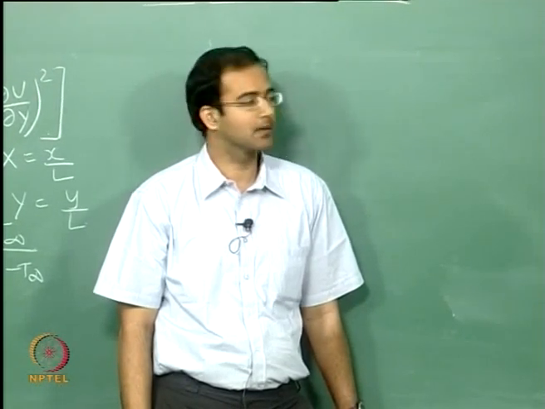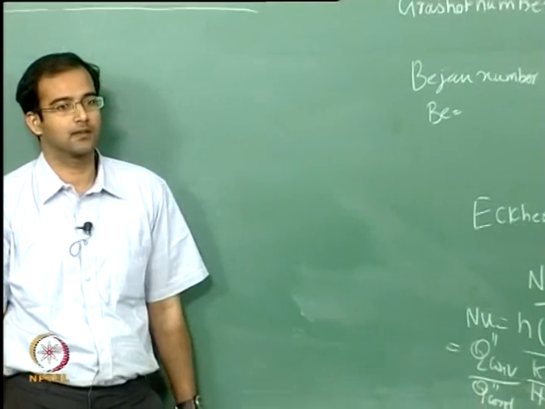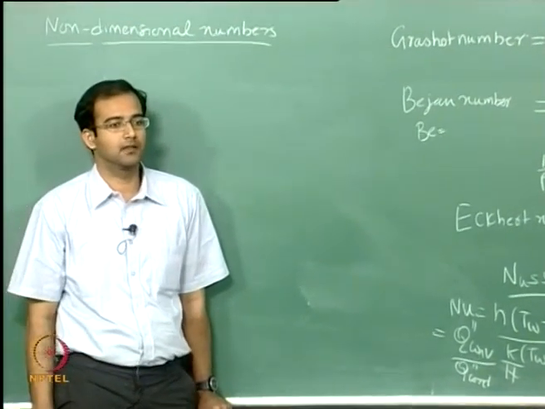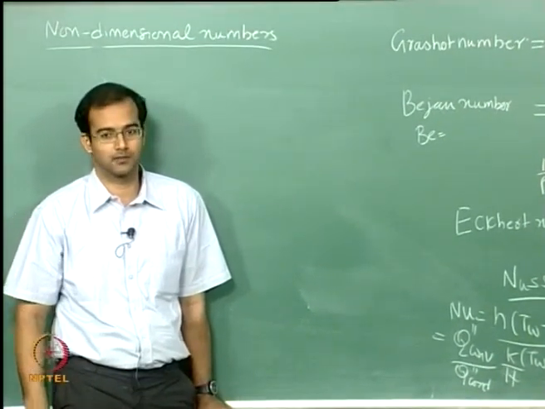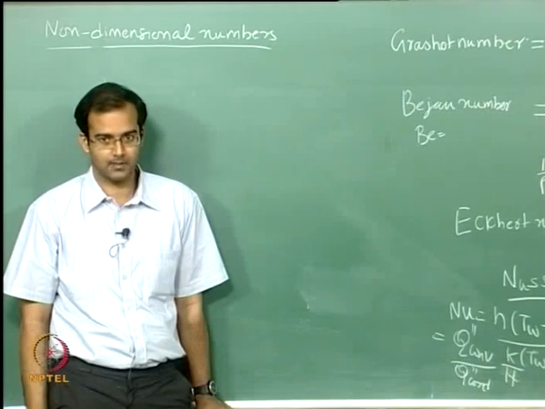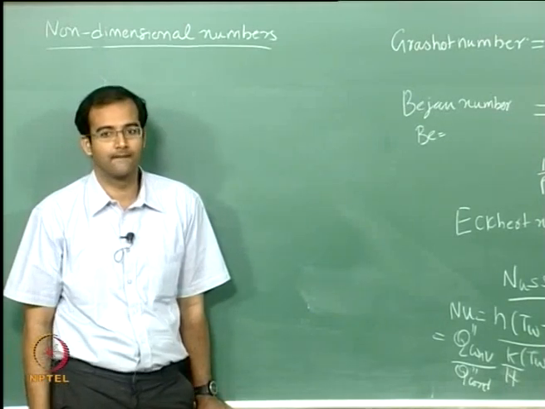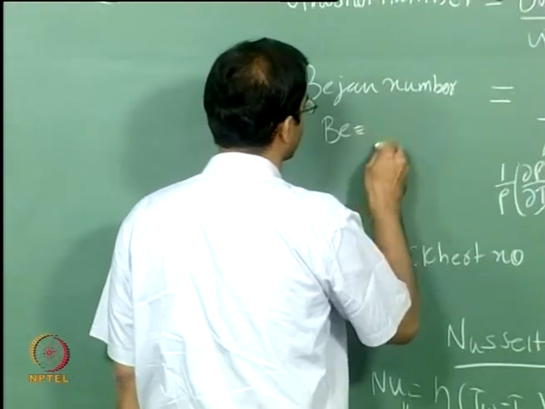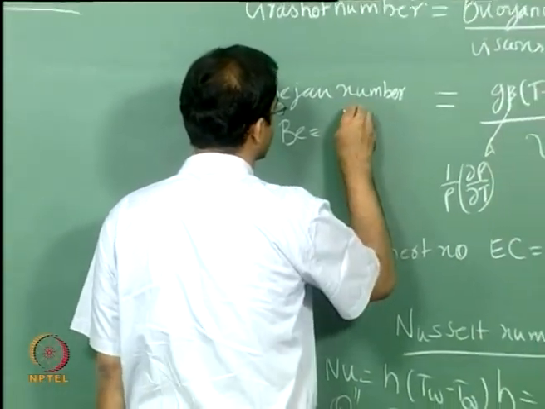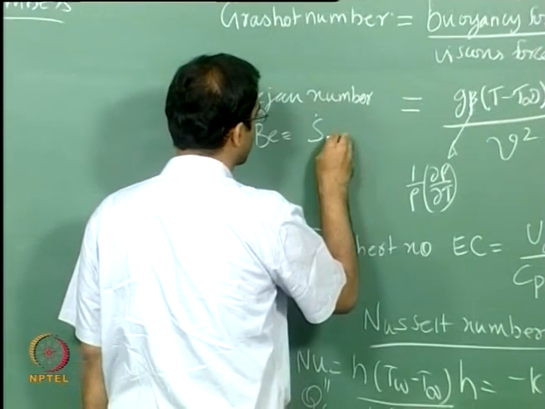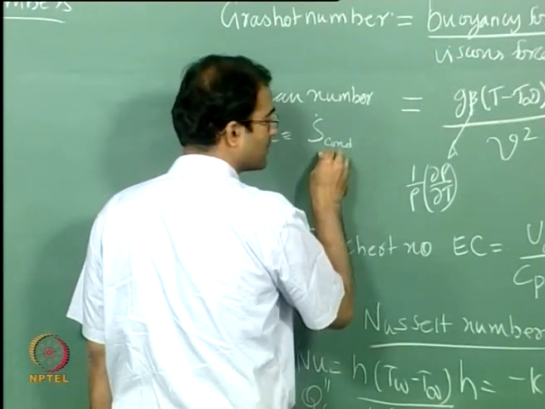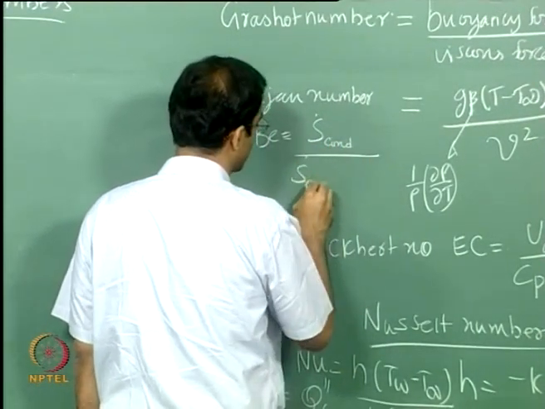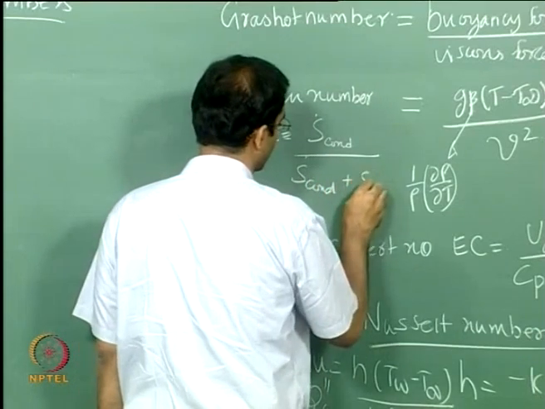In fact, I have also given one problem in your assignment to calculate the irreversibilities due to viscous dissipation. Okay, so this is your entropy generation due to conduction heat transfer by entropy generation due to conduction plus viscous dissipation.